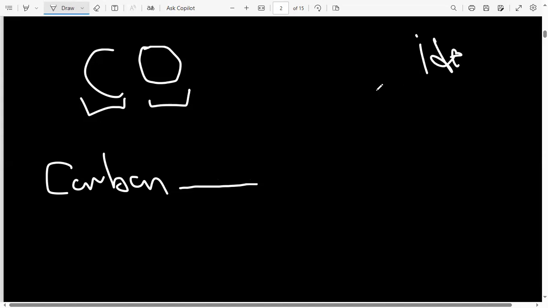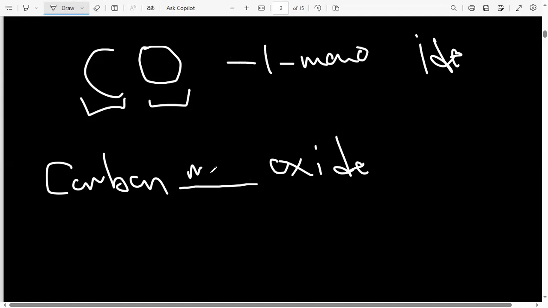When oxygen ends with IDE, it becomes oxide. Now look at this. How many of the oxygens do we have? We only have 1. And we said 1 goes with what? Mono. So no wonder this here is known as carbon monoxide, because there's 1 oxygen here.